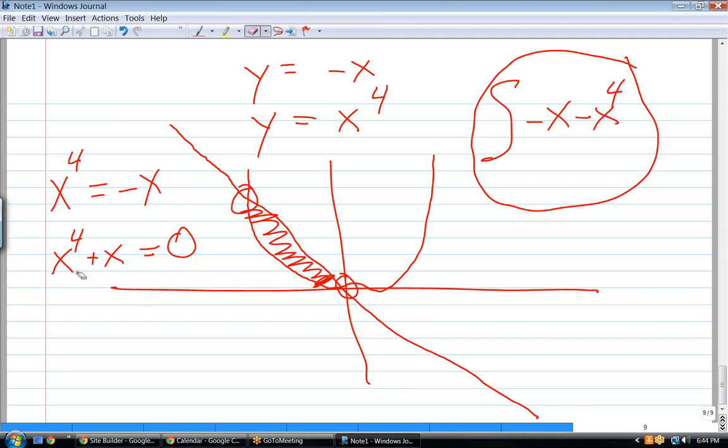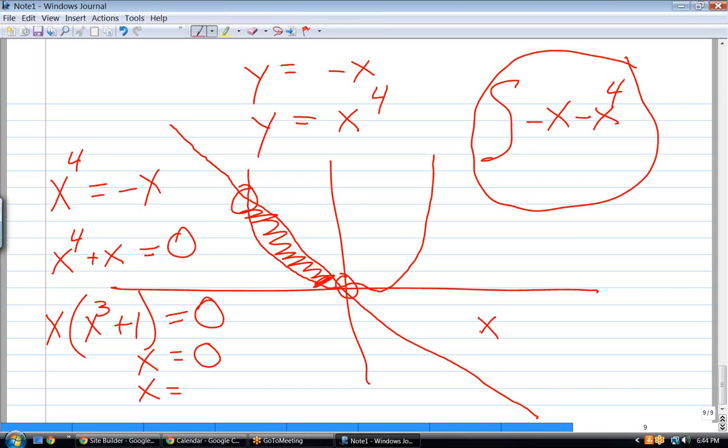Now how do we solve this? Factor. Times what? X cubed plus 1. What are my two solutions? 0 and negative 1.